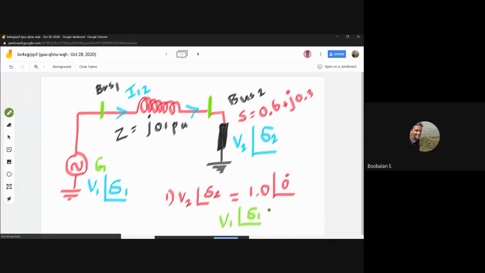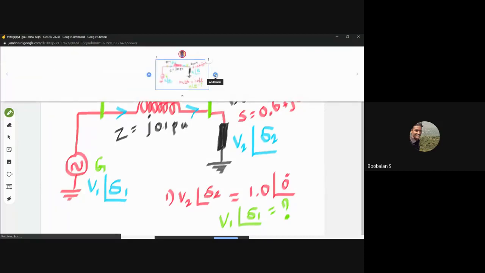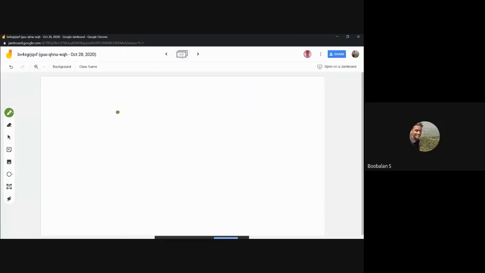We could easily calculate this with the help of a simple formula. This is a very introductory problem. You people have already seen it in our previous semester, right? I'm going to use one more page. This is my first page, and I'm going to use my second page. And what is the simple formula?